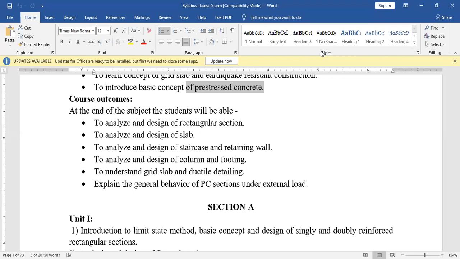But when you talk about prestressed concrete, the name itself suggests what you are going to do. There is a concrete part, and you are going to first of all give it stress. As you know, concrete is good in compression while weaker in tension. Since it's weak in tension, we usually go ahead for a different material which will strengthen that particular tensile part.